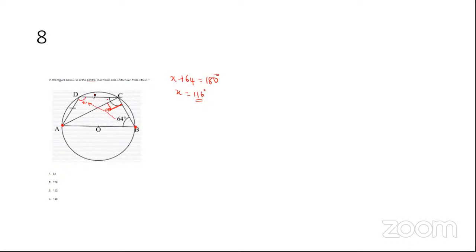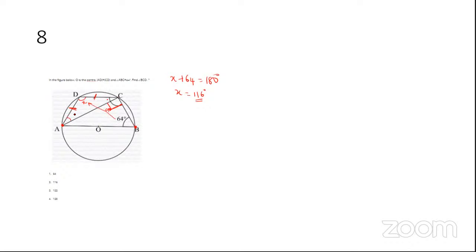Then they also mentioned that DC is equal to AD, meaning this is the angle here. So in such a case, we have a base angle and a base angle equal.